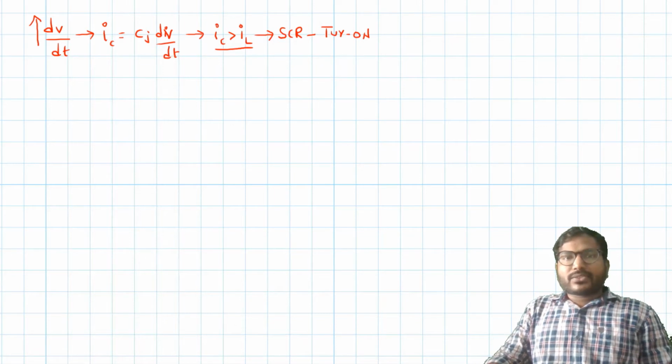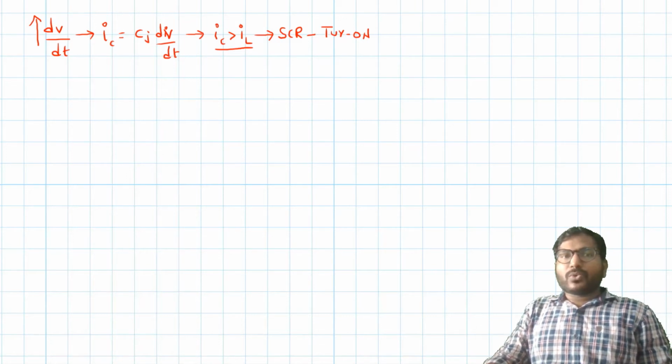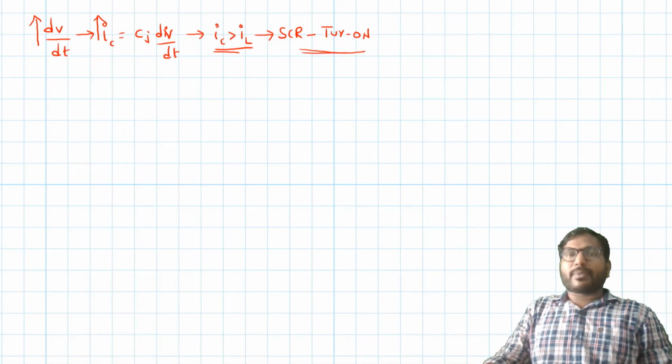Concentrate on this series. When dV/dt is more, the junction current Ic, equal to Cj times dV/dt, is more. If this Ic is more than the latching current, the SCR will turn on irrespective of applying the gate pulse.